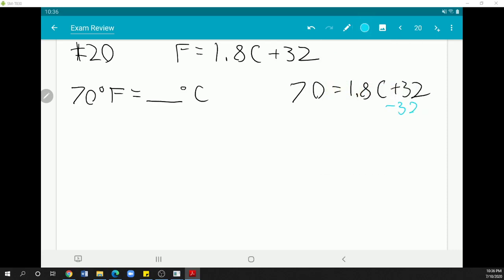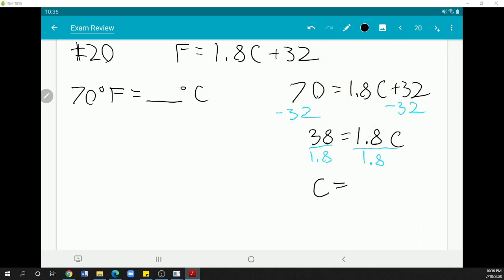70 equals 1.8C plus 32. Go ahead and subtract 32 from both sides, and I get 38 equals 1.8C. Now I'm going to divide, because I need to get this 1.8 and peel it off of the C here. So divide by 1.8, divide by 1.8.